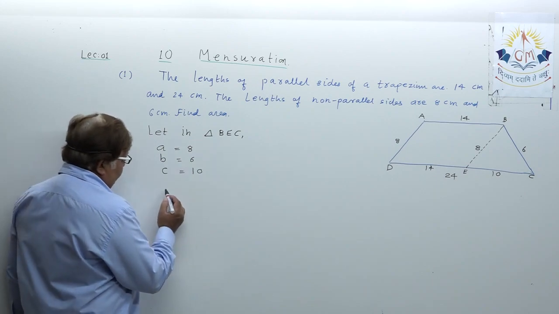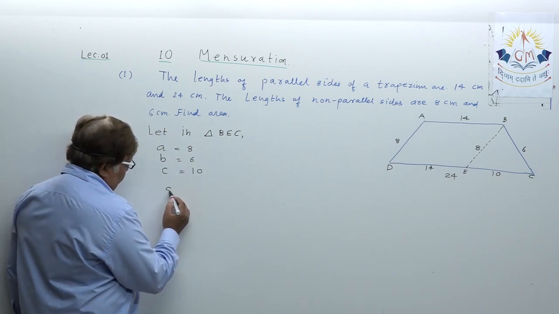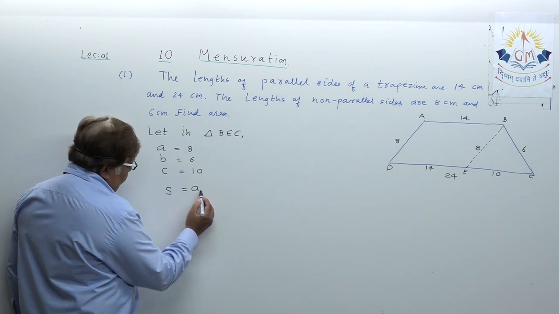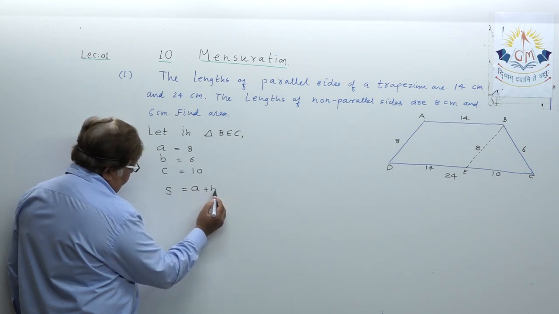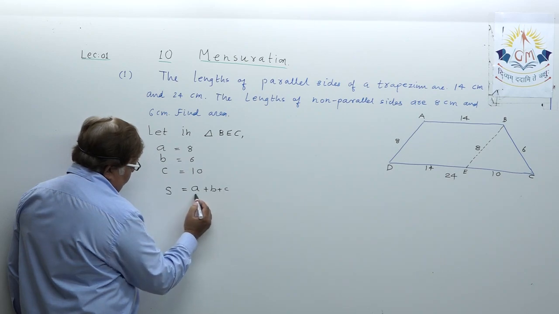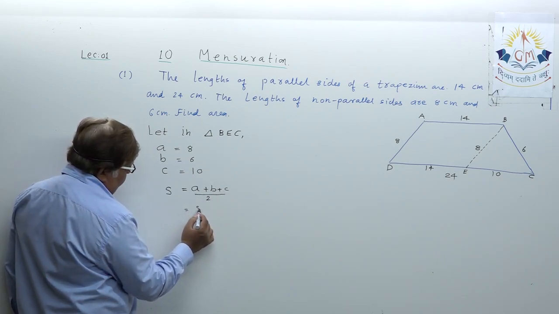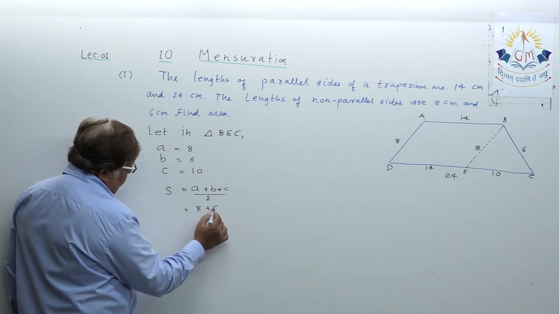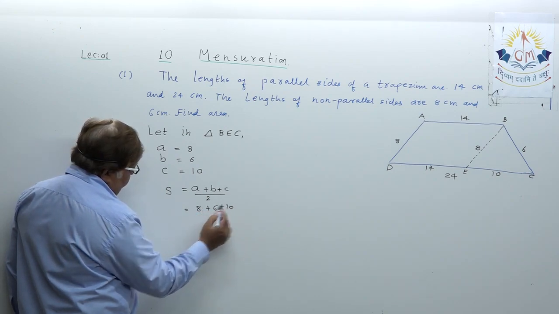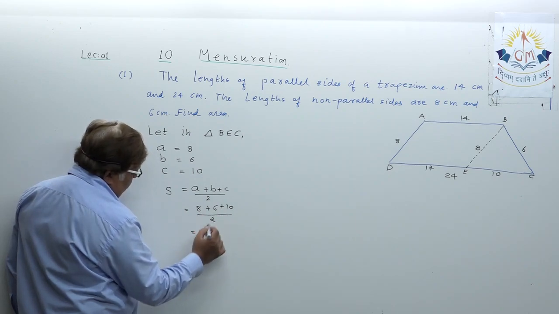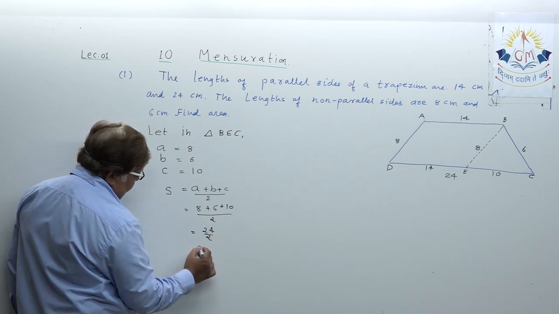What to do? Find semi-perimeter. Please concentrate. A plus B plus C upon 2, 8 plus 6 plus 10 upon 2, 24 upon 2, that is 12.